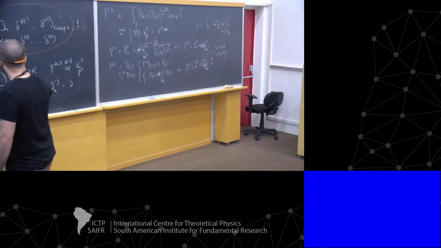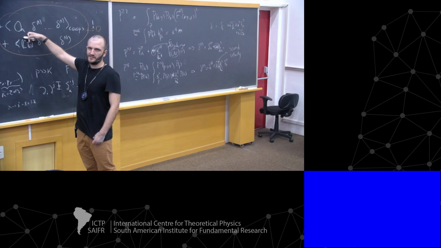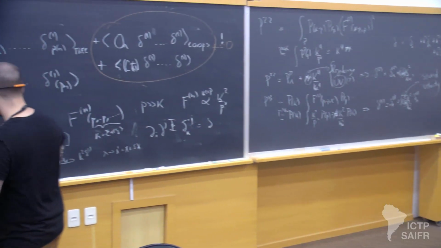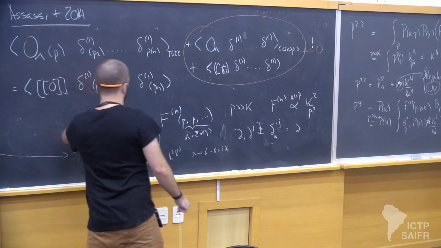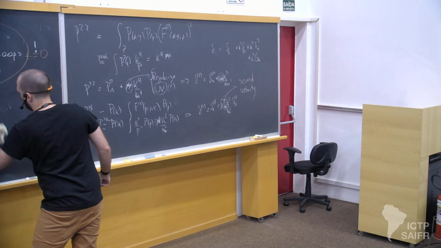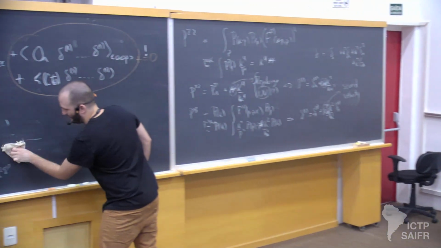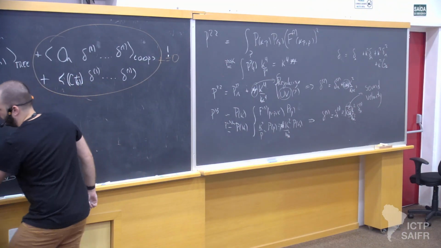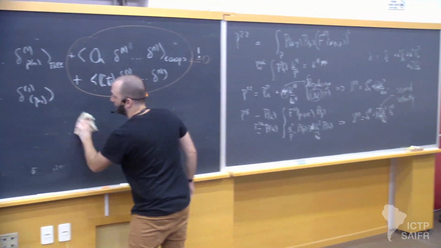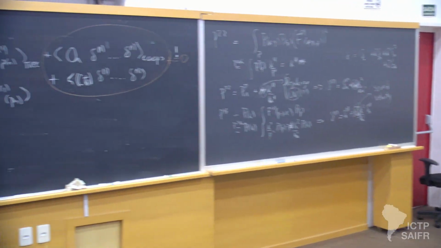So I want to enforce this. I want my counter terms to cancel out exactly my loop contributions. So I leave this as homework, but you can show that in order to enforce this, you can exactly define this renormalized operator.